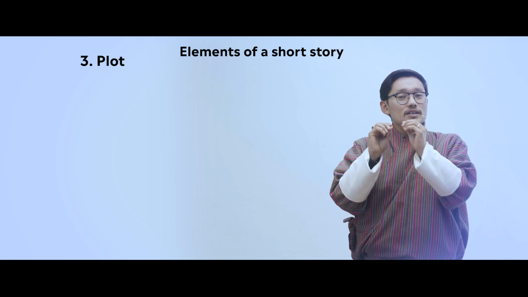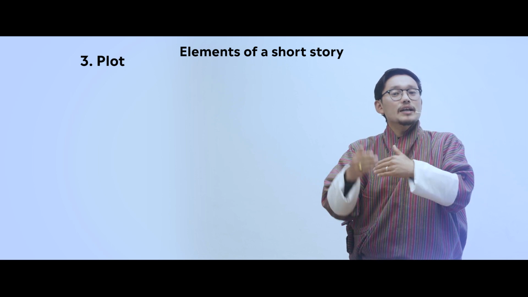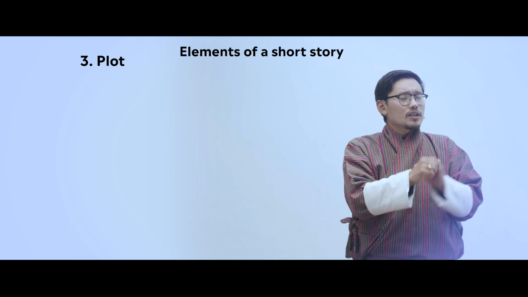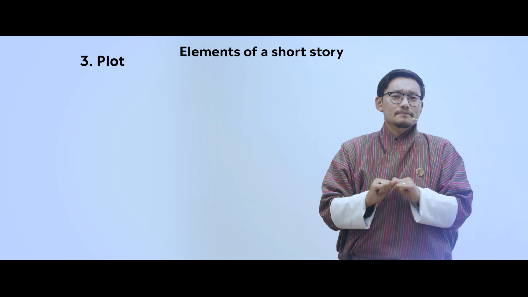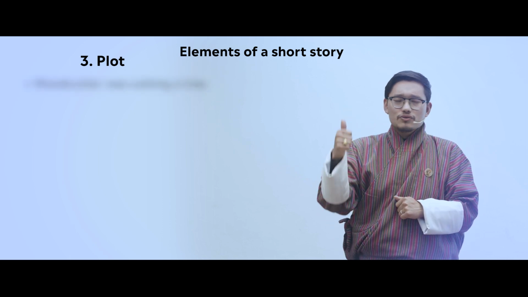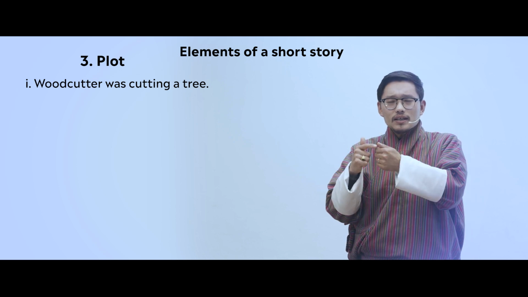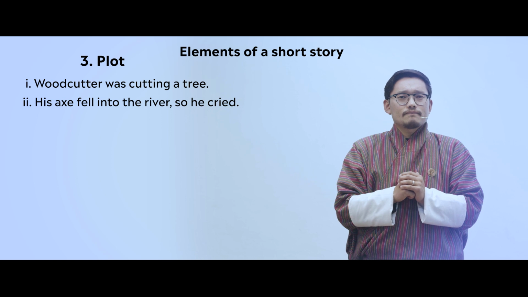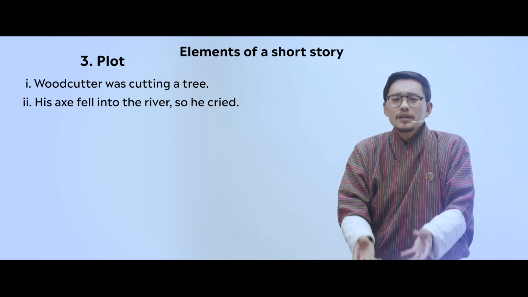Plot. Plot is the events that make up the story. So in this story, a woodcutter was cutting a tree. Suddenly, his axe fell into the river. Then he cried.